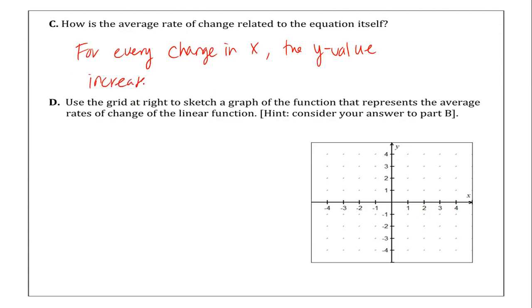Increases by our constant rate of change. And what is our constant rate of change? 3/2. That is what our average rate of change is telling us. How are your y changing? So as my x's are changing, my y values are increasing by 3/2.